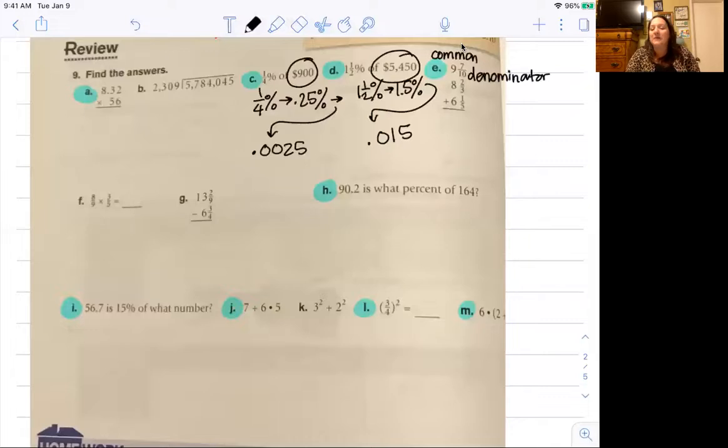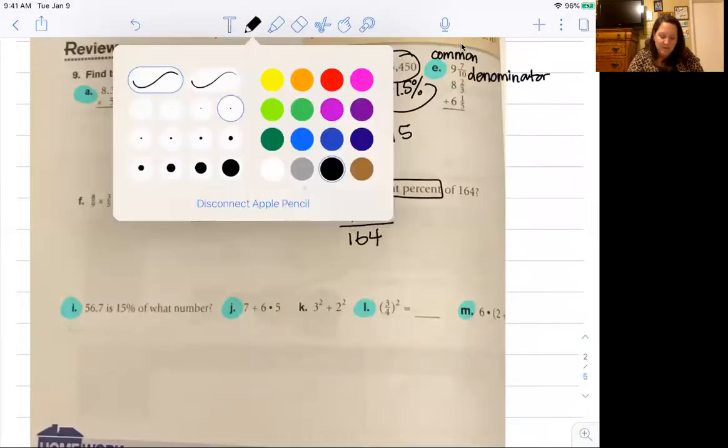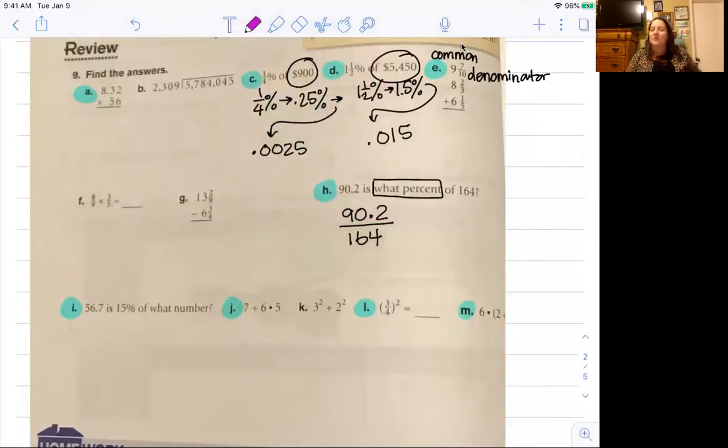Letter H, 90.2 is what percent of 1,064? But I want you guys to look at it. 90.2 divided by 164. Now, I'm not quite sure if we've gone over this. I've taught so many maths that I don't quite remember, but you can't divide with a decimal, and basically fractions are decimals.